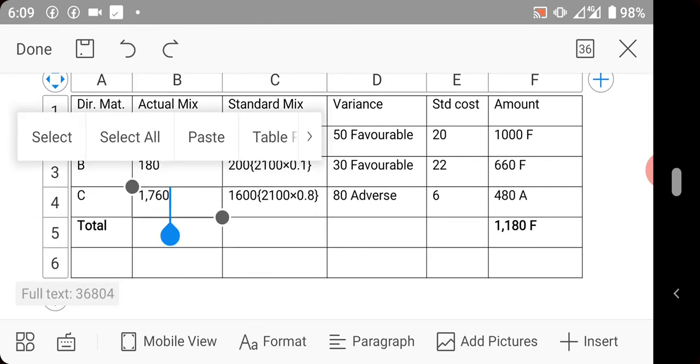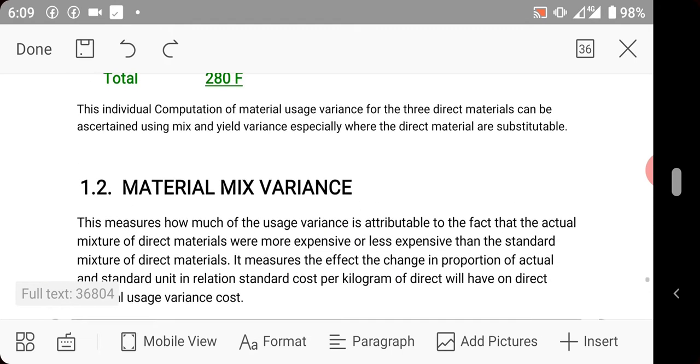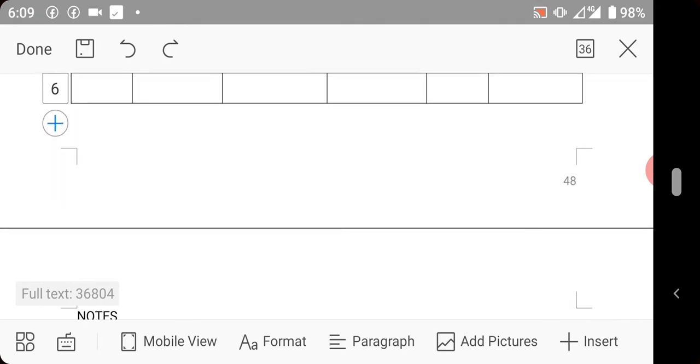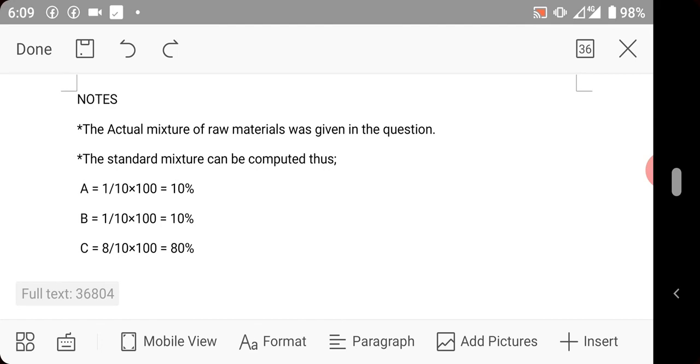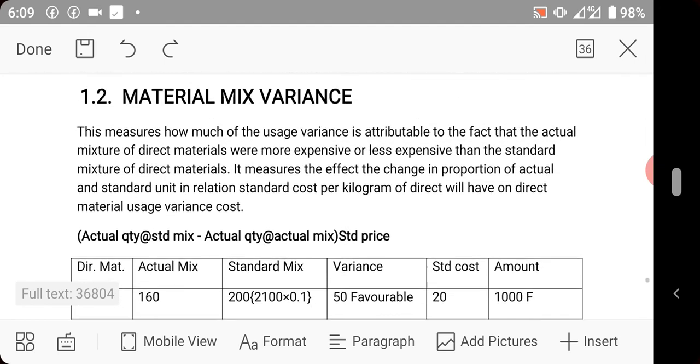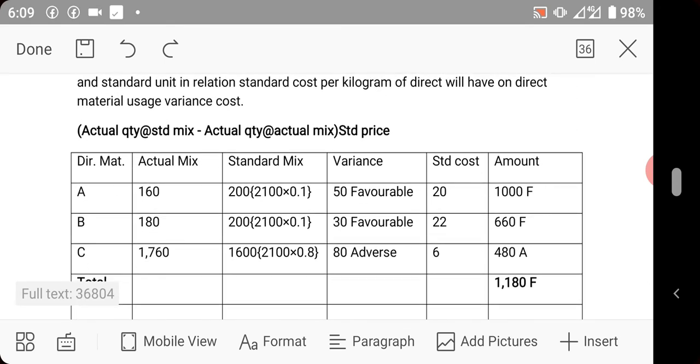Now, the standard mix will give us the actual quantity at standard mix. How do we do it? You have to first of all find the proportion. That's the first thing you do. The proportion of standard mix is 1 over 10, 1 over 10, or 8 over 10, which gives you 10%, 10%, 80%. Now, this will be the standard mix on actual quantity.